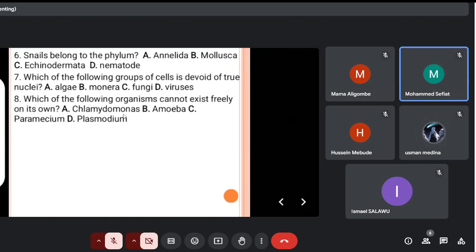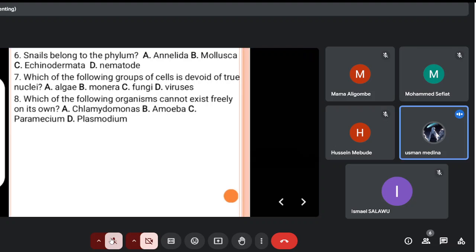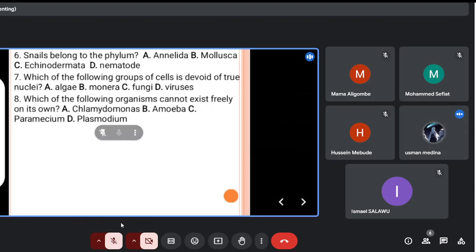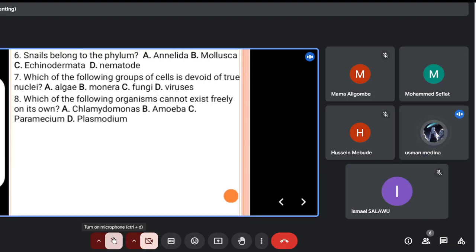Plasmodium. Is that what she said? I did not hear her, but the right answer is actually plasmodium. Medina, I didn't hear you, so you are still going to answer the next question.